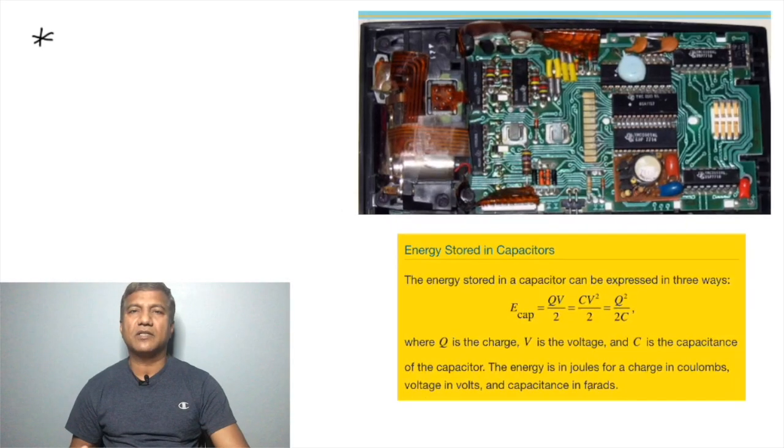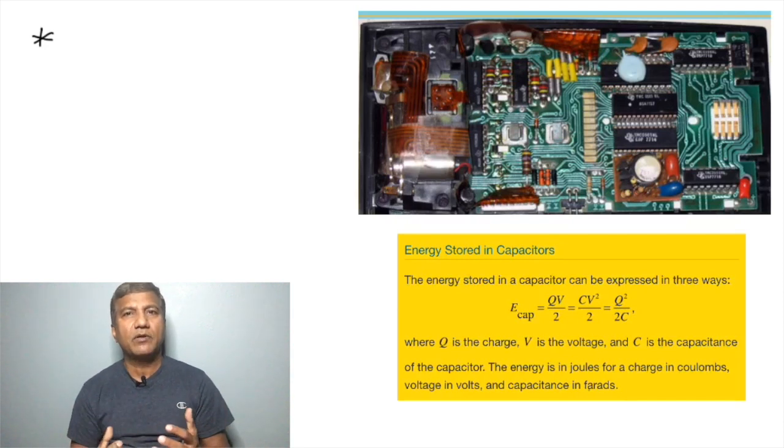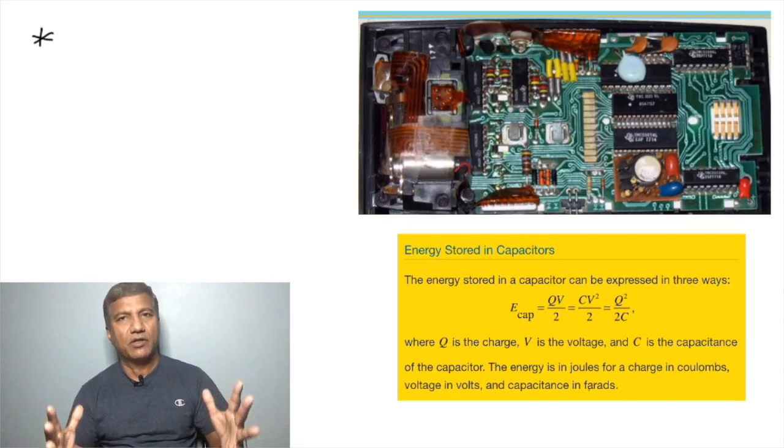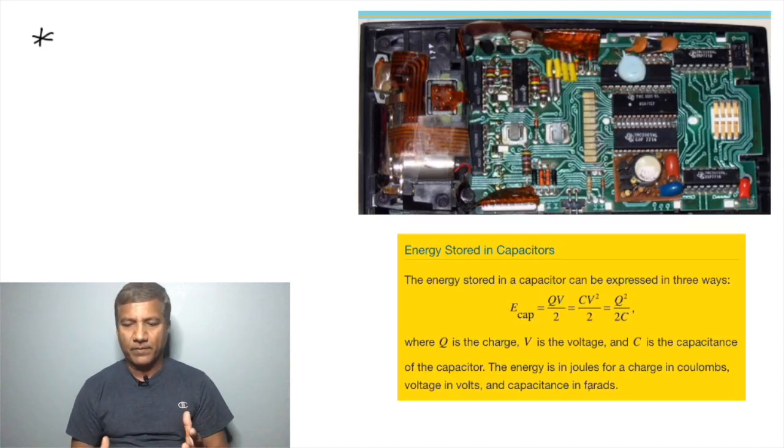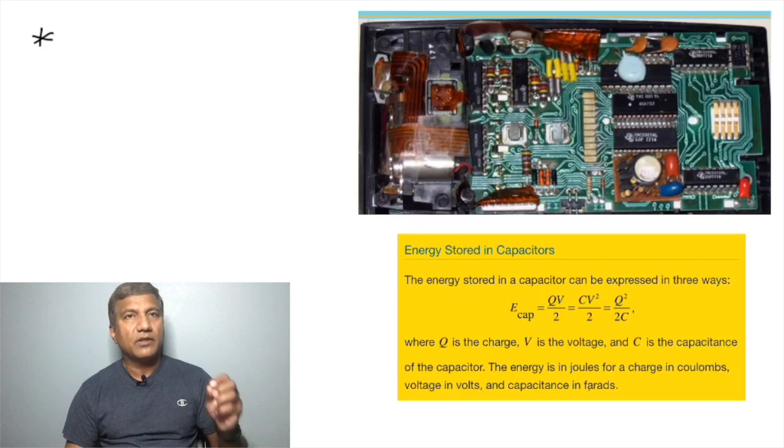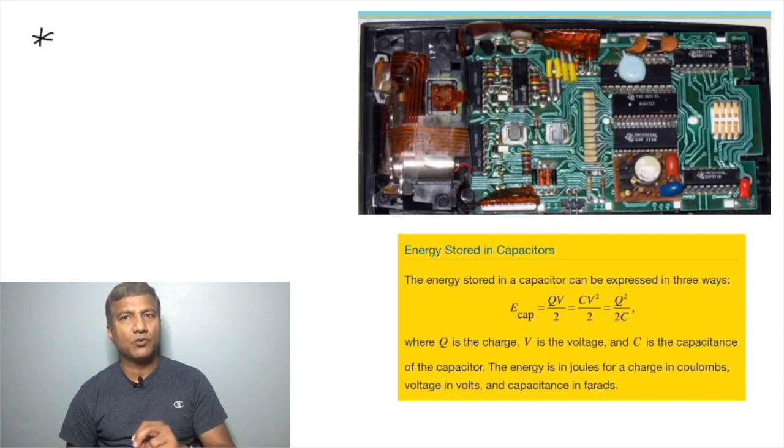A capacitor stores charge. Effectively, it stores energy. And you can see that the flash in a camera is actually a capacitor discharging. It stores the charge and then discharges, giving out light. And here, the formula for energy stored in a capacitor is 1/2 CV squared. So there are three ways. We'll get to that.